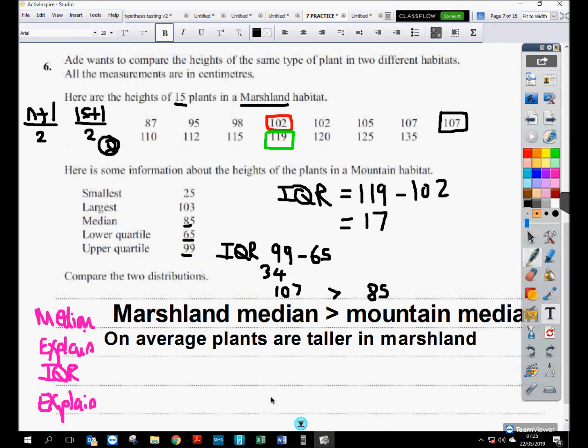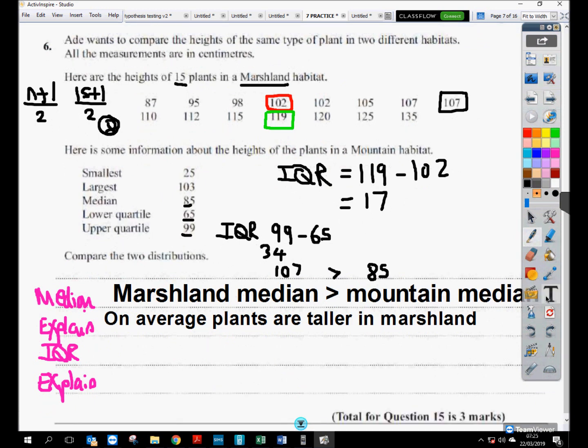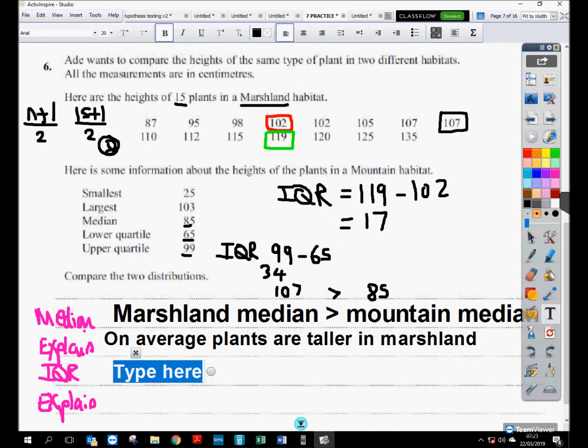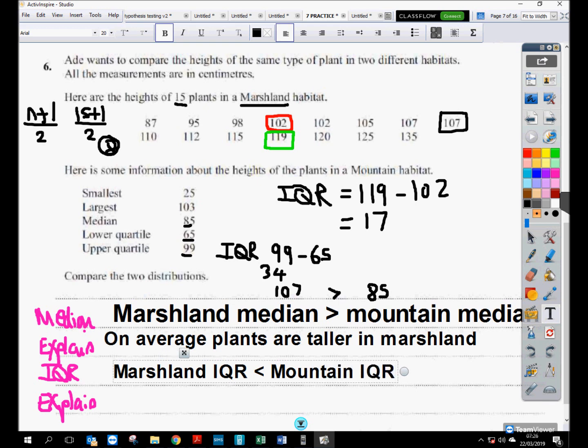So then we can say something like this. I want to say which one's less. So marshland IQR is less than mountain IQR.